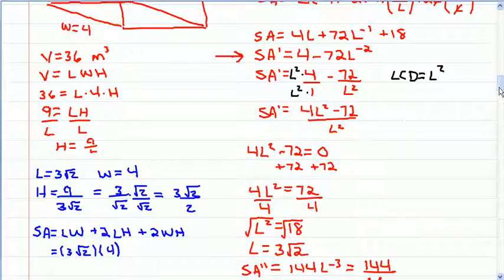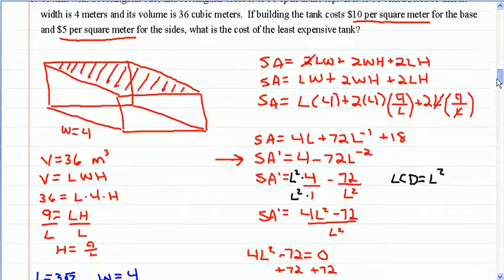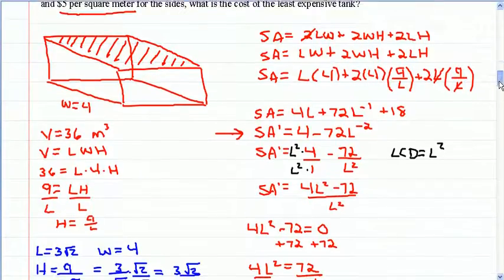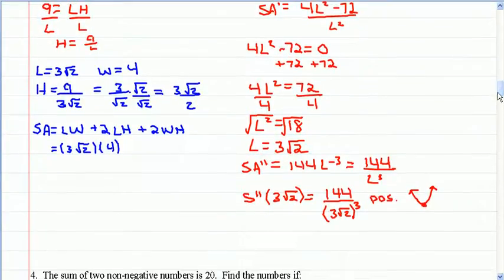And if we go back to the problem, it says that building the tank costs $10 per square meter for the base, the length and width are the dimensions for the base, and $5 per square meter for the sides. The width and height and length times height are the dimensions for the sides. So therefore, when I'm finding the minimum cost, length and width get multiplied by 10 plus 2 times length times height.